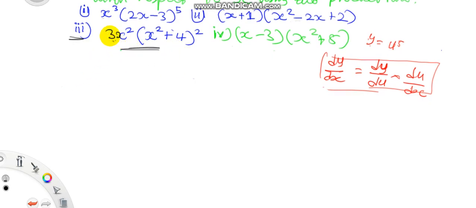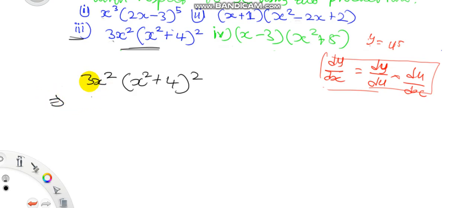Let's rewrite our problem. We're given 3x squared in brackets x squared plus 4 all raised to the power 2. As we discussed earlier, though it hasn't been stated that y equals this function, we know the function is defining some dependent variable, which we can say is y.